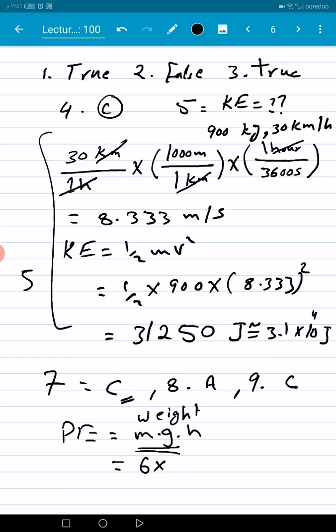Multiply by 1.5, so it's equal to 9 joules, so it is number C.